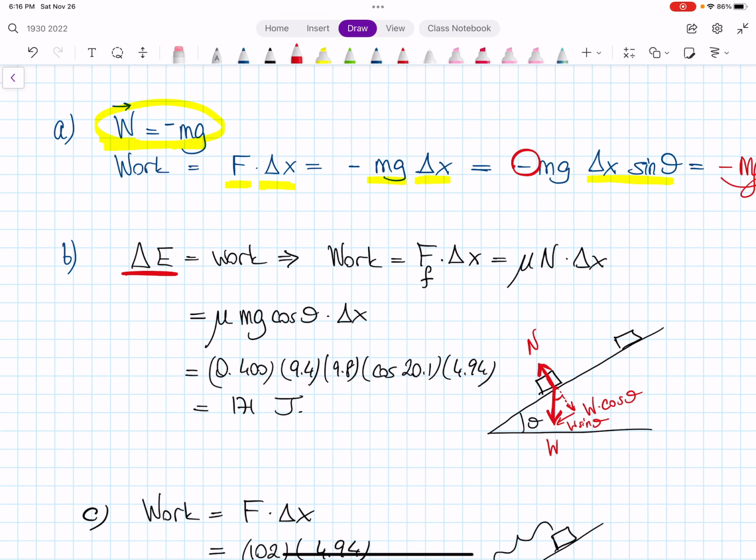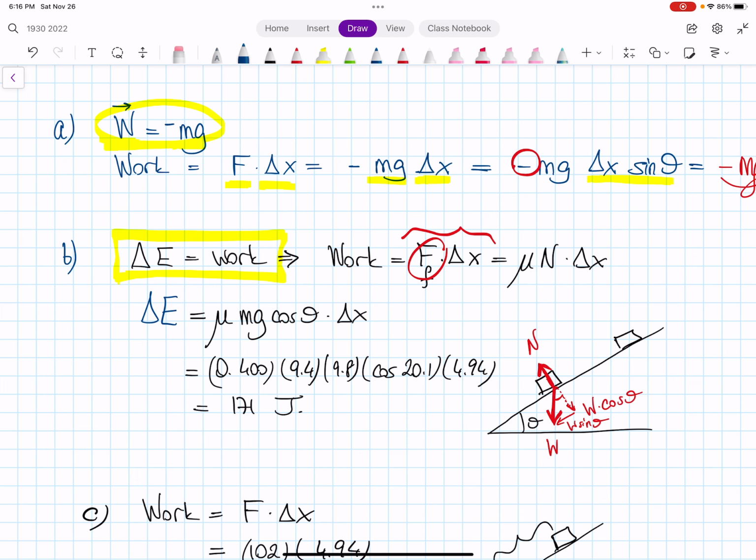Energy is being created due to what? Due to the force of friction. However, if you want to take the energy approach, you cannot just take the force, you have to take the work. The change in energy is equal to the work being done on the system. So now you're going to tell yourself there's a change in the internal energy.